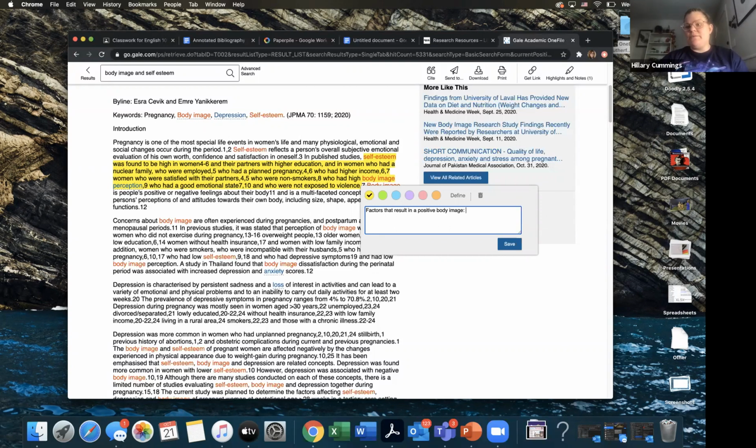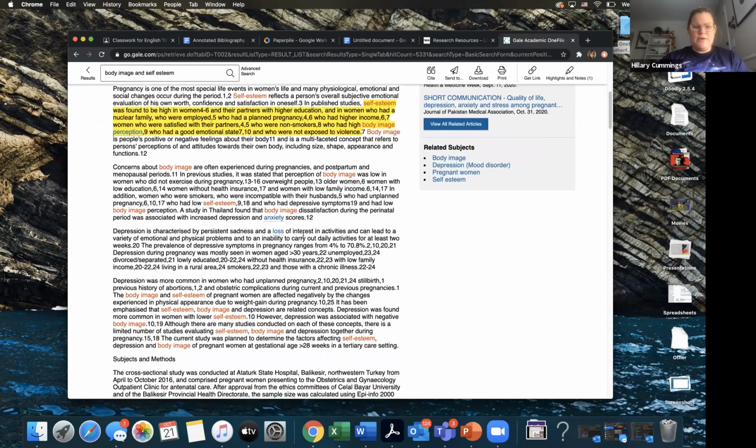So if I was going to be working with this, I'm just going to write a really quick paraphrase: higher in women with higher education, planned pregnancy. There are things that I can take out of here that don't have anything to do with pregnancy, right? Things that are about having more education or being in a stable relationship, or like the previous article I found that had a good family background. So that ends up being really important for a woman's self-esteem, which could then lead me to find a third article that talks about family dynamics or something like that figures in together.